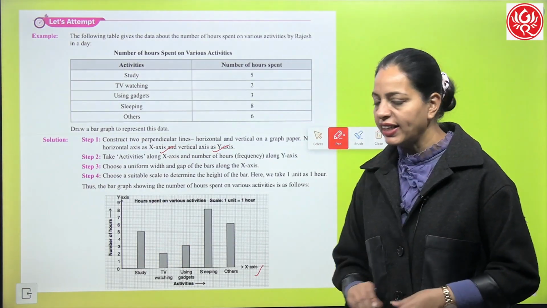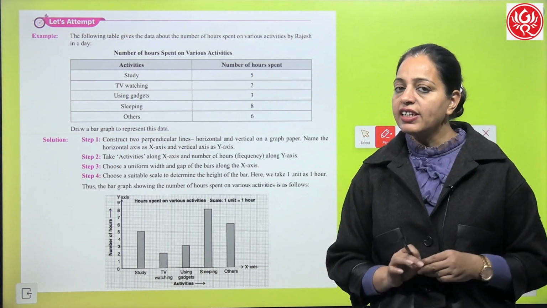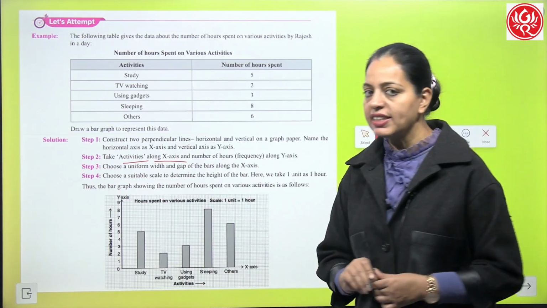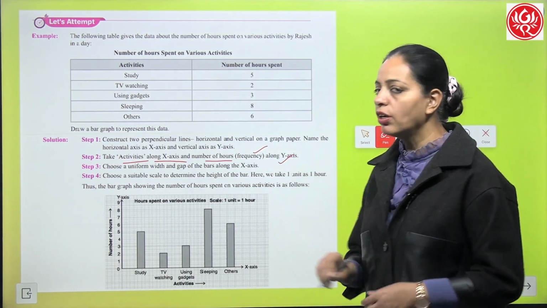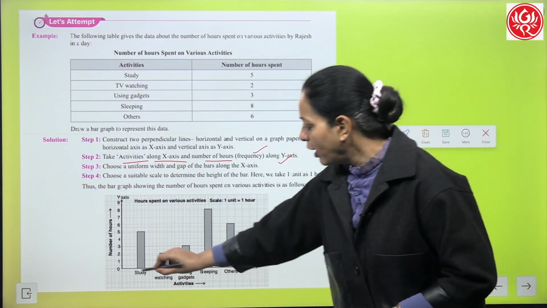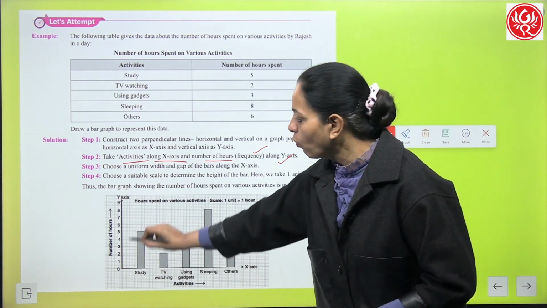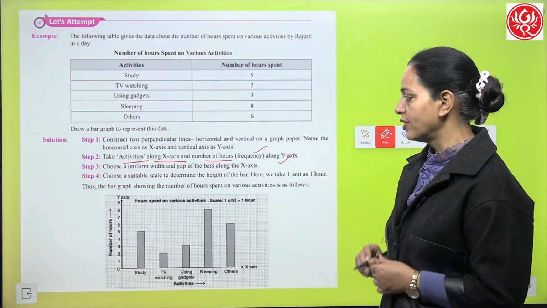This is the x-axis and this is the y-axis. Now step 2. Take activities along x-axis and number of hours frequency along y-axis. Along x-axis we are taking activities and along y-axis we are taking number of hours, right?